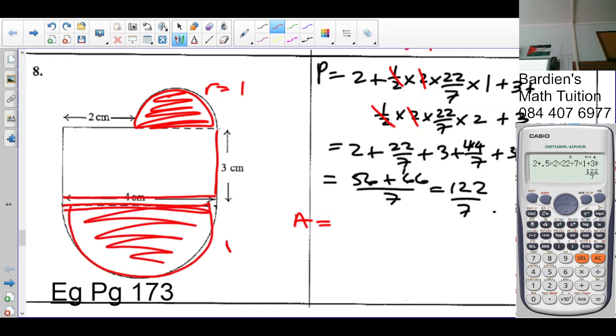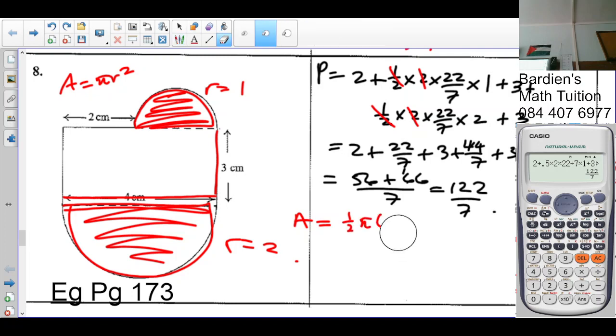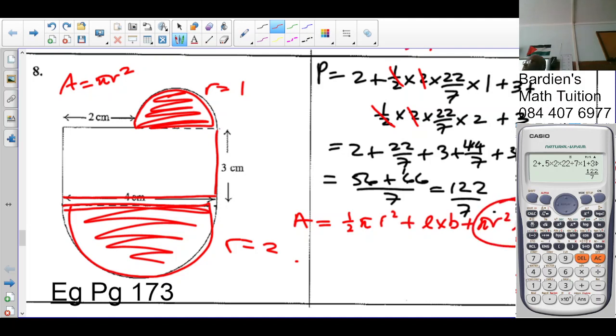How do you calculate the area of a circle? Area is equal to pi r squared. So let's go with the first one on top. The area of the semicircle is going to be a half pi r squared, plus your length times breadth, plus a half pi r squared. But remember, this radius is different to that radius. Okay?